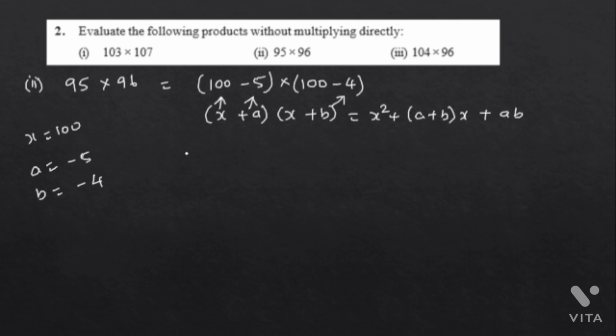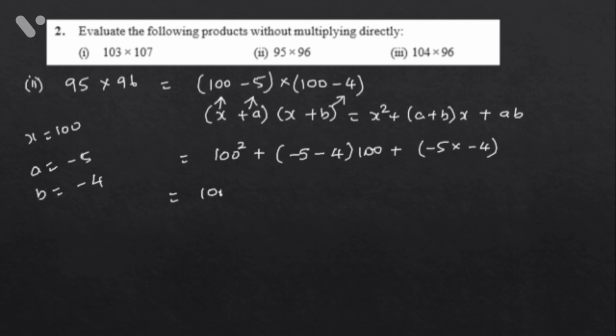So let us substitute all the values. X square, 100 square, plus a plus b, minus 5 minus 4, into x value 100, plus minus 5 into minus 4 gives 20. Minus into minus is plus, 5 4s are 20.